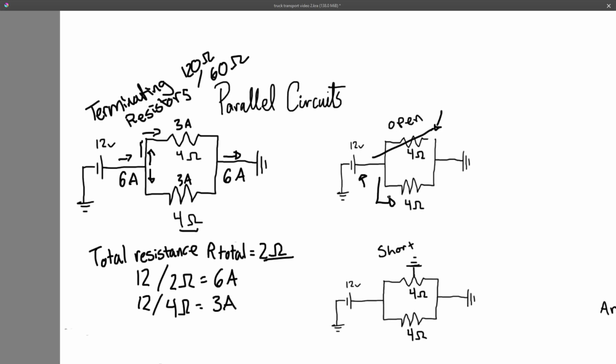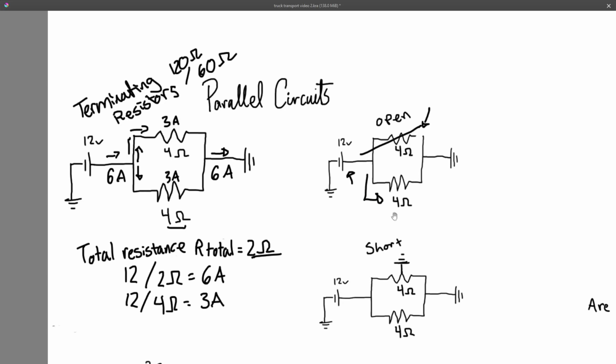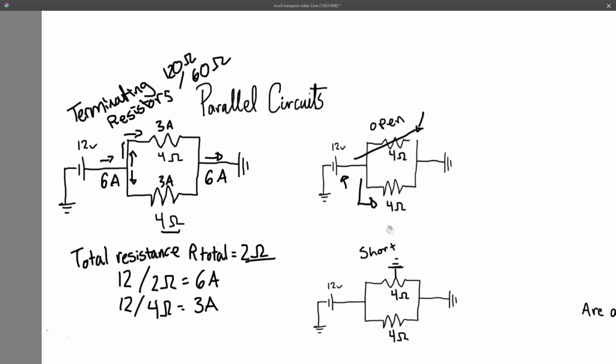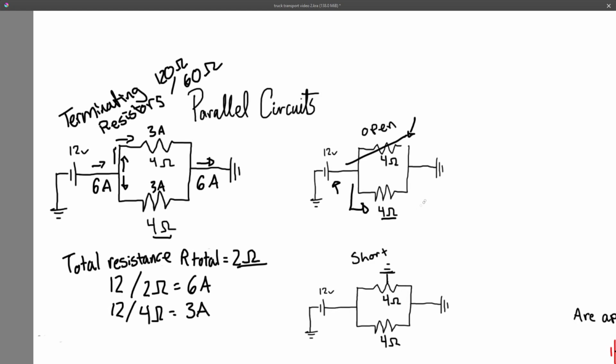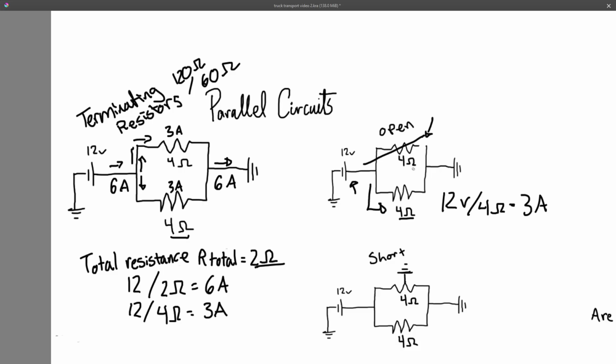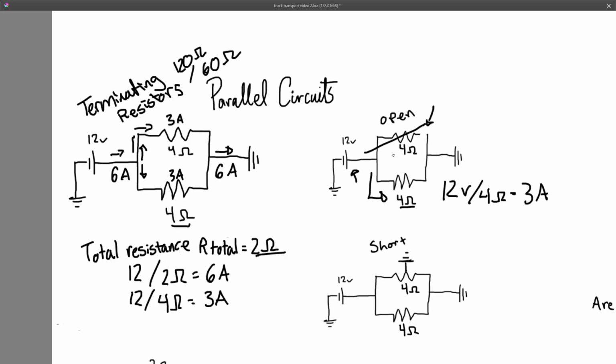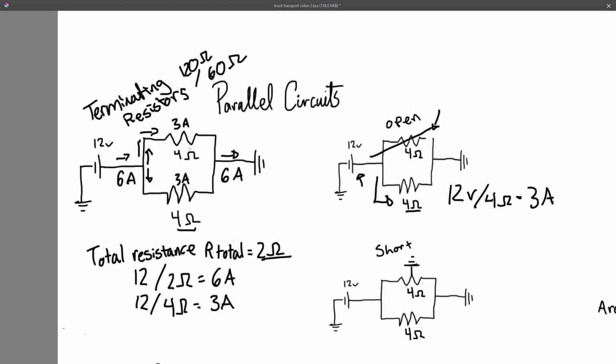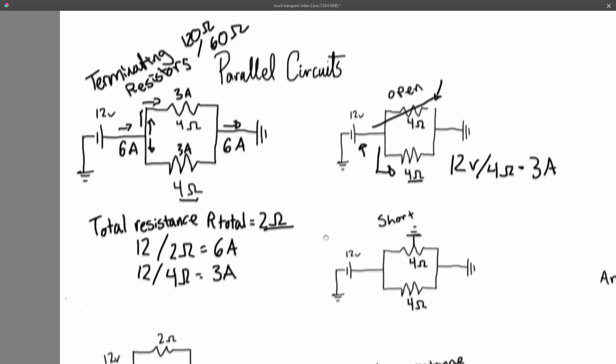So now this parallel circuit is essentially a series circuit, which would mean our total resistance is this 4 ohms. So we're sitting at 12 volts with 4 ohms, which would give us 3 amps. That would be our total amperage across the circuit. And because it's now a series circuit, it's 3 amps everywhere along this wire. It doesn't get split like it did in this parallel circuit.